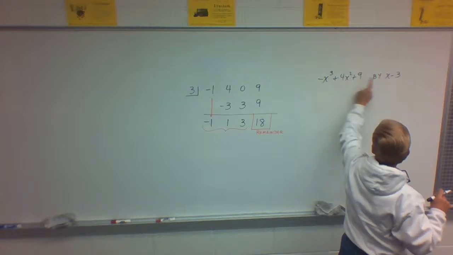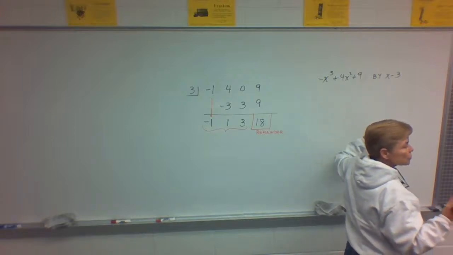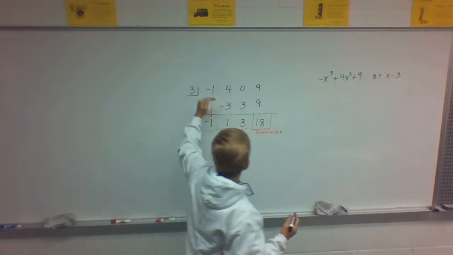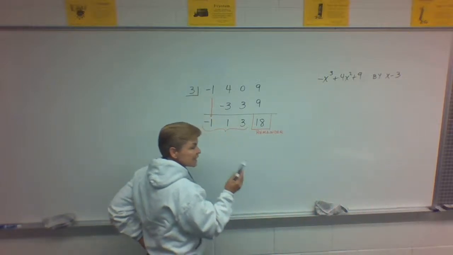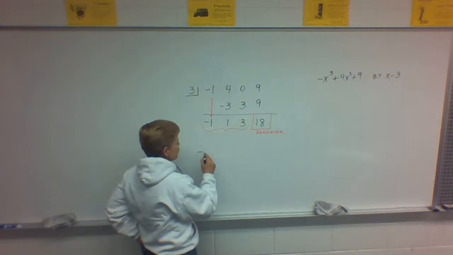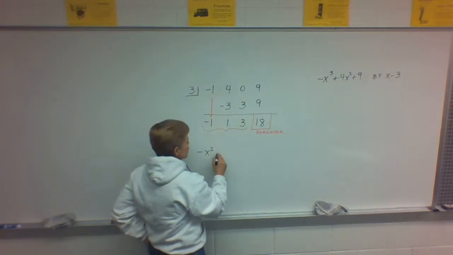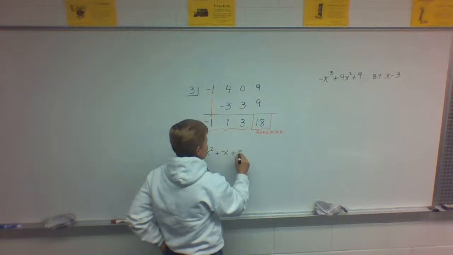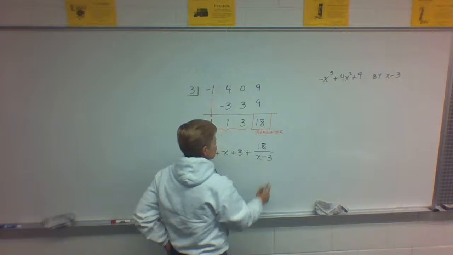Because we're taking an x into x cubed, the result should be x squared. So we have depressed this from a cube to a quadratic, and these are its coefficients. So this is how you report the answer. Negative x squared, because we depressed it from a cube to a square, plus x plus 3 plus 18 over x minus 3.